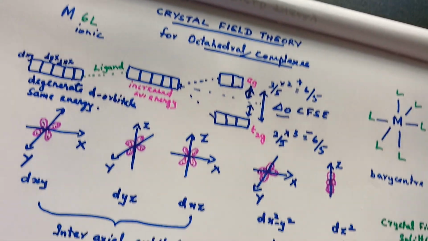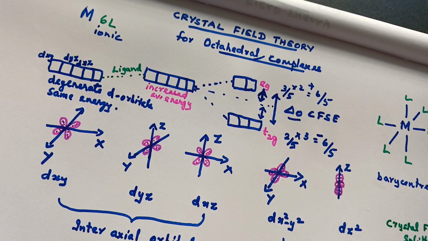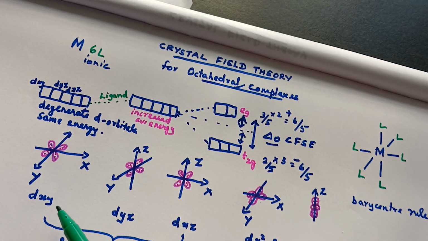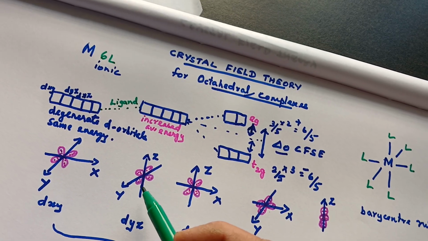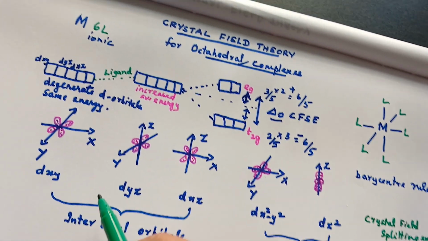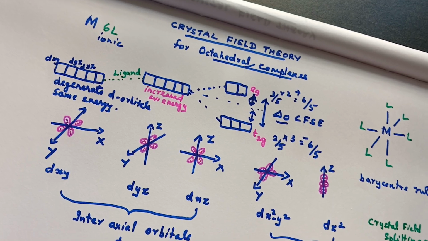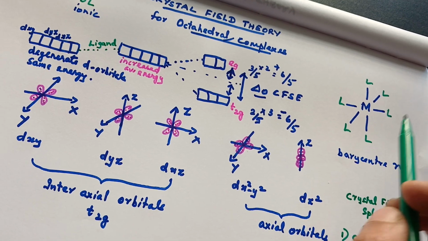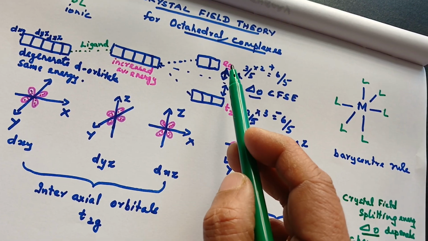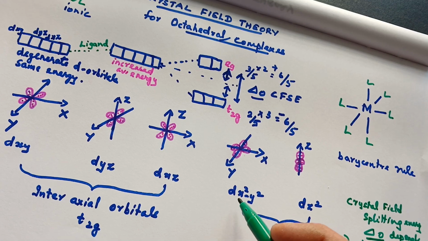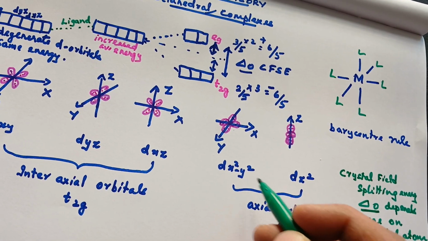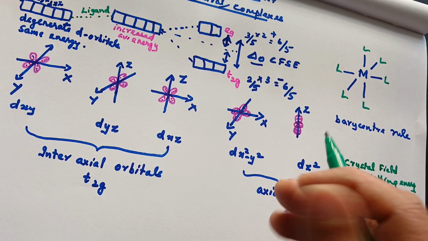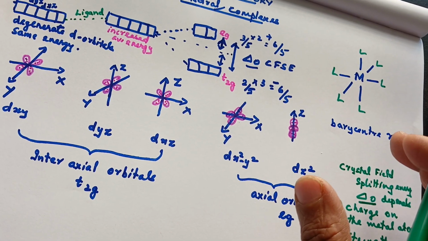The interaxial orbitals become the T2g group, having lower energy because they lie between the axes. Since it is an octahedral complex, the ligands approach along the axis. So the Eg group has the dx square minus y square and dz square orbitals, which are axial orbitals, lying on the axis.